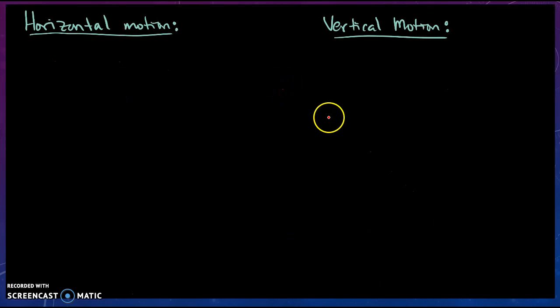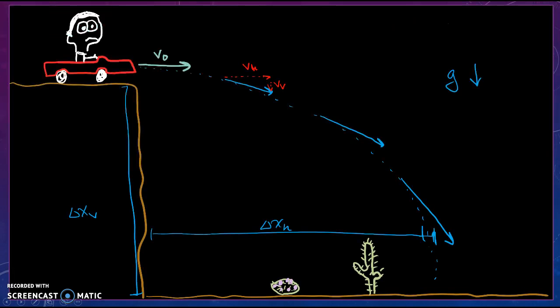And over here, we will also have a horizontal component and a vertical component. And then finally over here, we'll have a horizontal component and a vertical component. And this will be true all the way until right before it hits the ground.